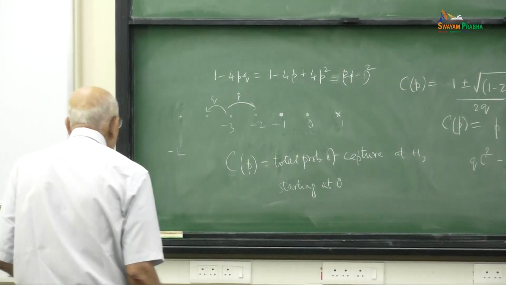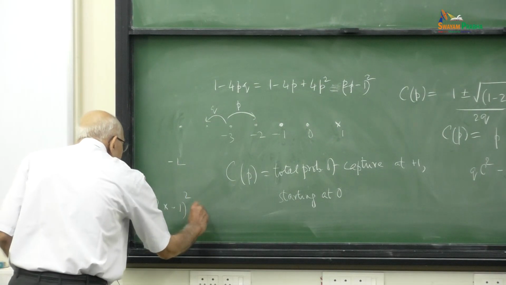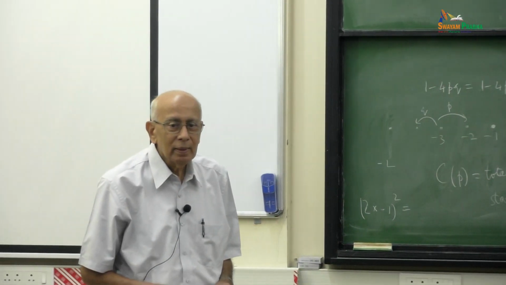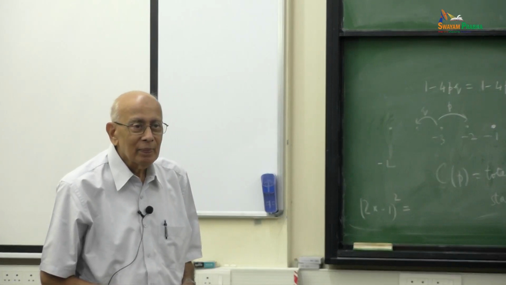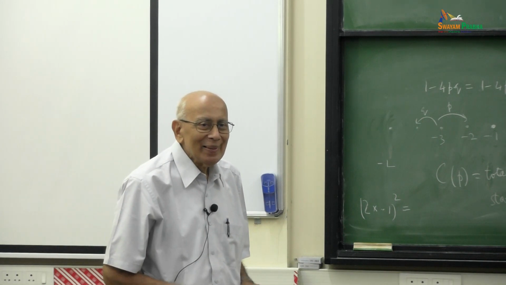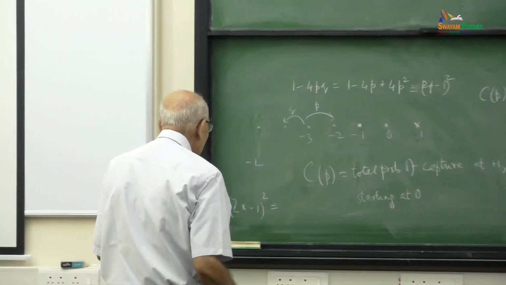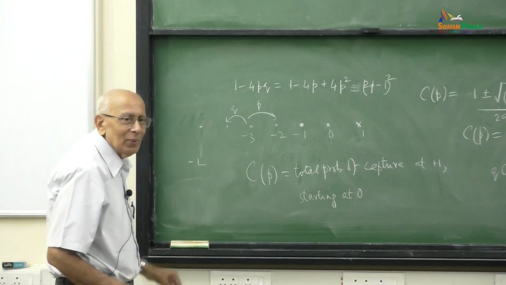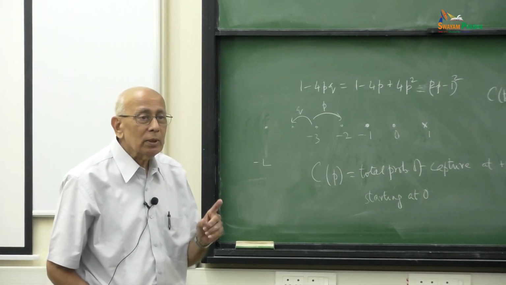What is this quantity? 2x minus 1 the whole squared. I mean, why 5P? There's no bonus here. Okay? Agreed. But we have to decide which root is relevant to us.